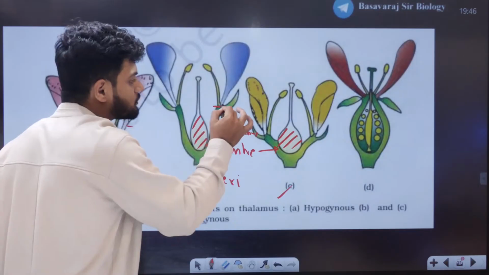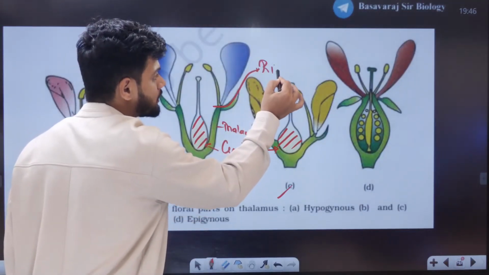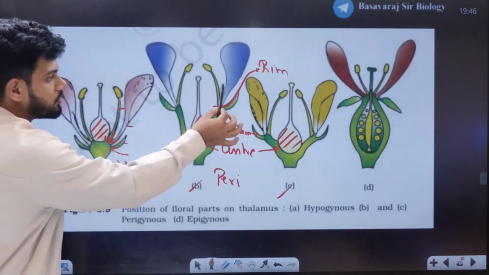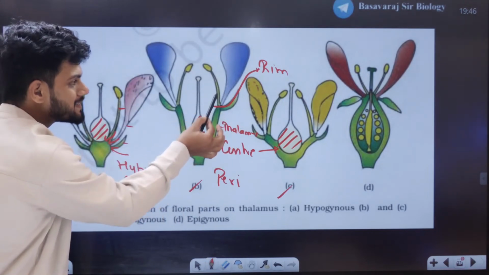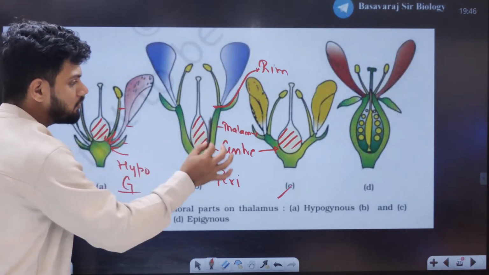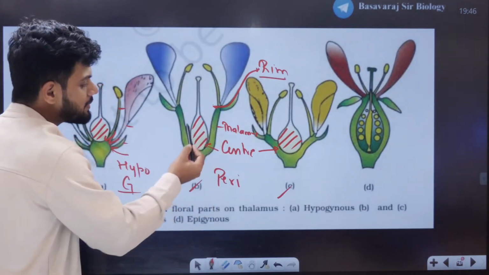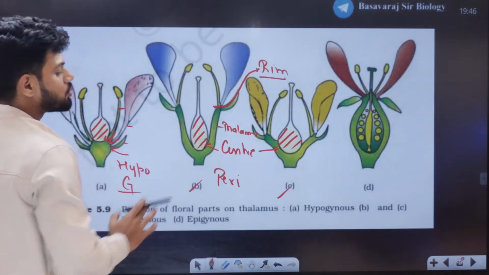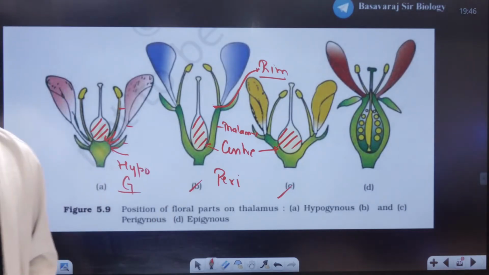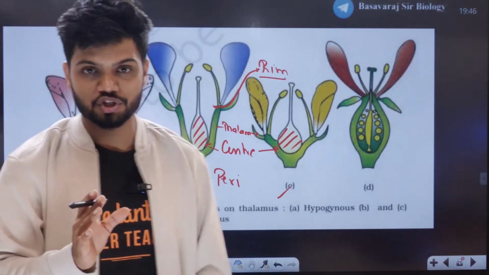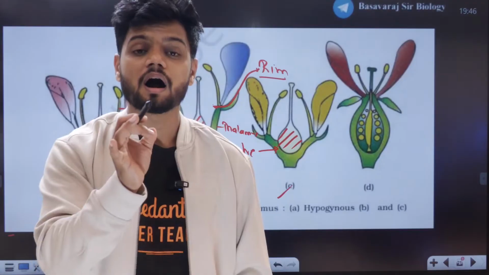This is called the rim of thalamus. So petal, sepal, stamen, every single other whorl is arising from the rim of thalamus. Gynoecium is in the center. Such a condition is called perigynous condition. Perigynous condition is going to be what? Half inferior.